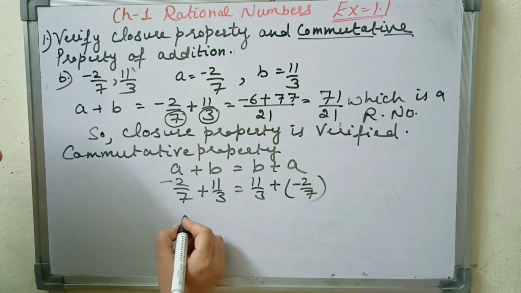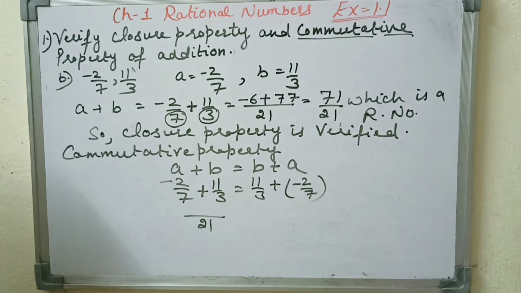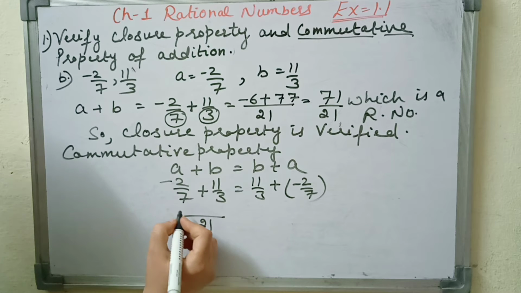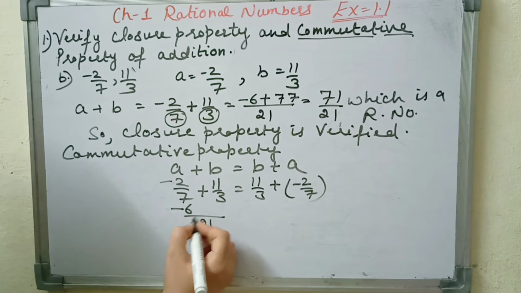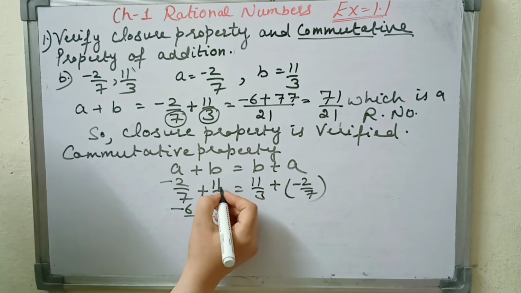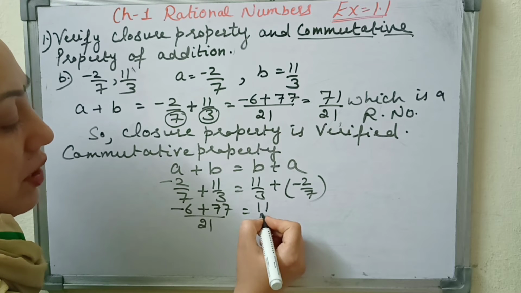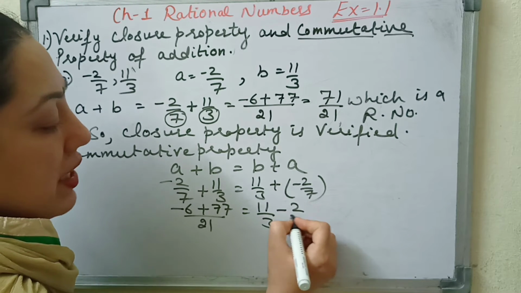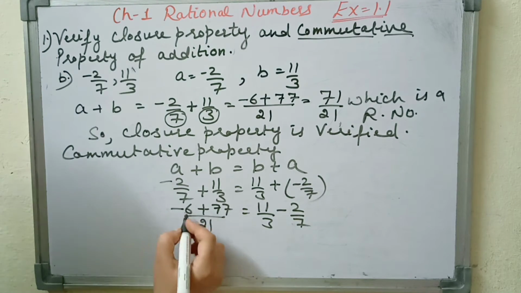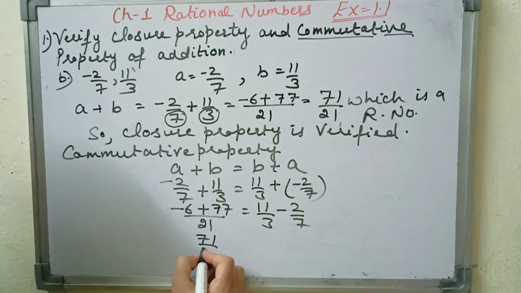First of all, 7 threes are 21. LCM is 21. Again, 21 divided by 7 we get 3, and 3 multiplied by 2 is minus 6. 21 divided by 3 is 7, and 7 elevens are 77. Here, 11 over 3 plus minus 2 over 7. 77 minus 6 is 71 over 21.